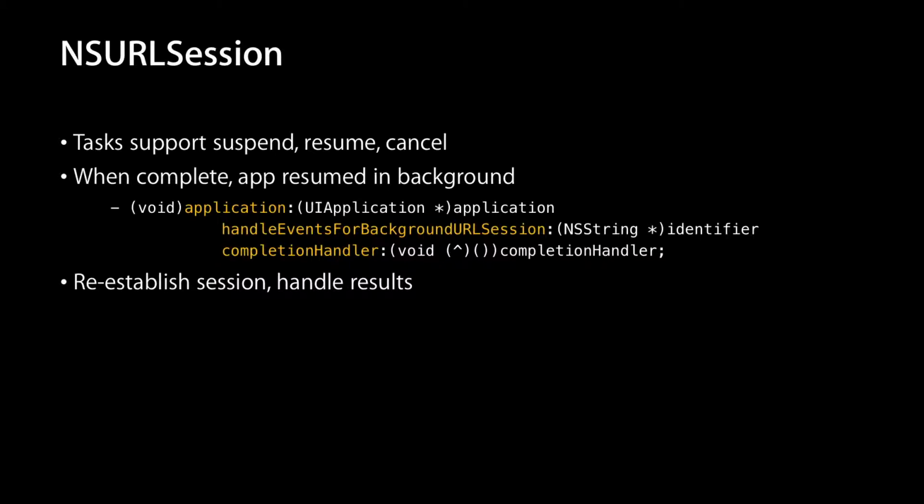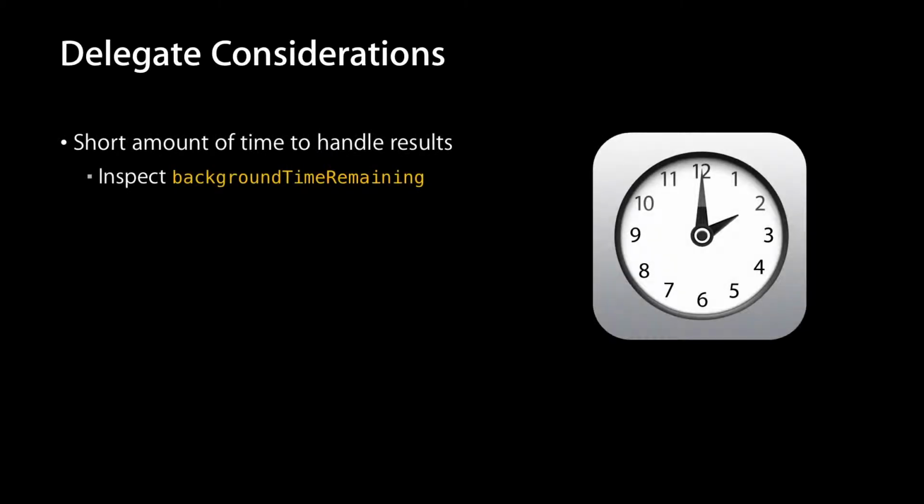Now, as you implement this delegate method, there's a few really important things you should be aware of. The first is, when this method is called, you only have a short amount of time to execute if you're in the background. And by short amount of time, I mean about 30 seconds. It's seconds rather than minutes. You can inspect the amount of time you have available using the UIApplication backgroundTimeRemaining property. That'll tell you how much time you have left to process.